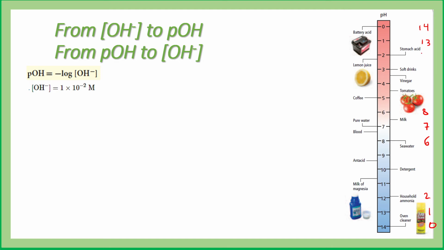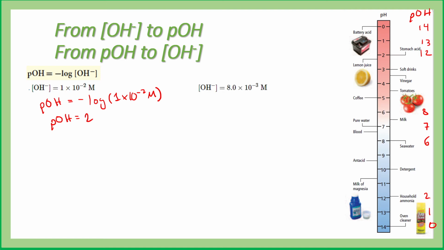It goes the other way. The formula says that pOH is equal to the negative logarithm of the hydroxide ion concentration, 1 times 10 to the minus 2. And it's a pOH of 2.